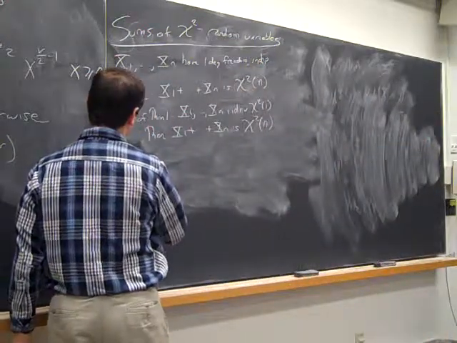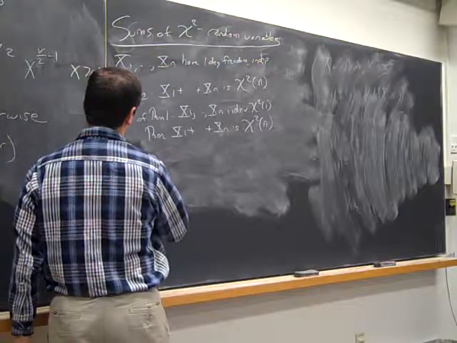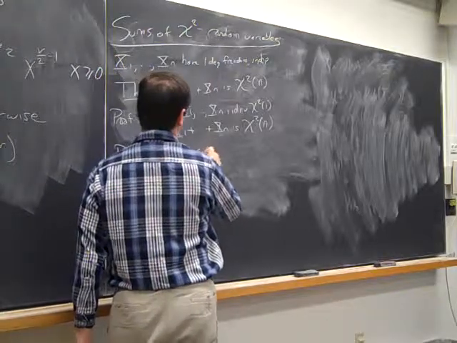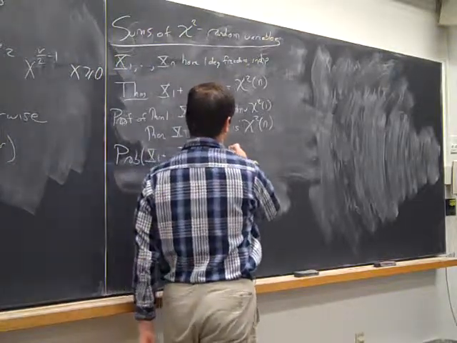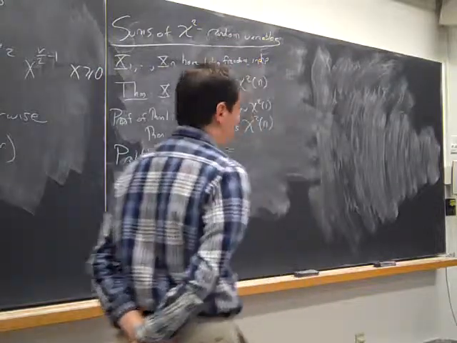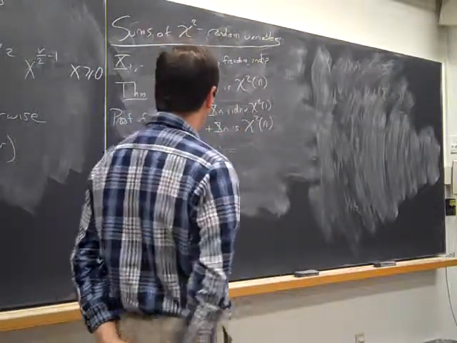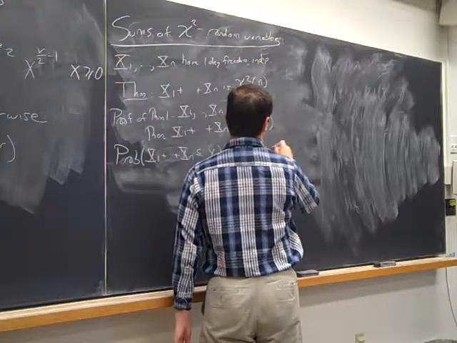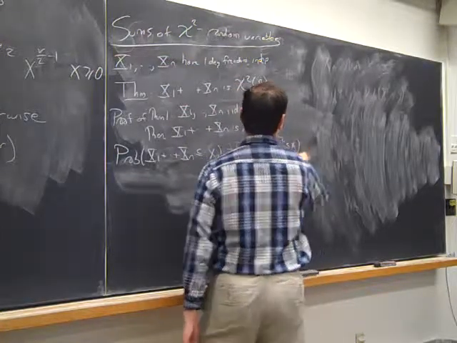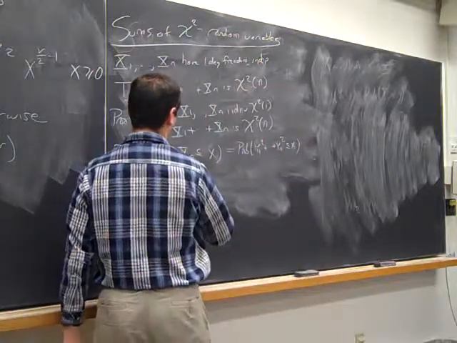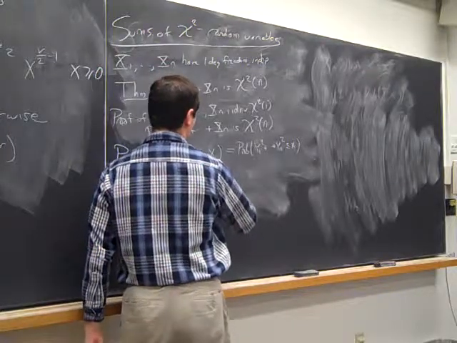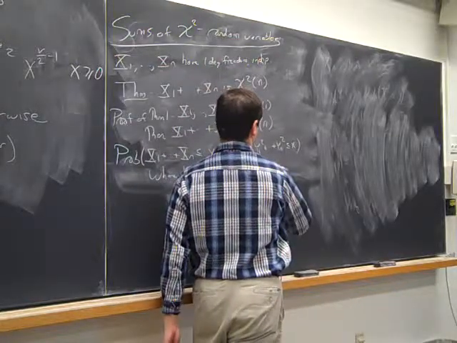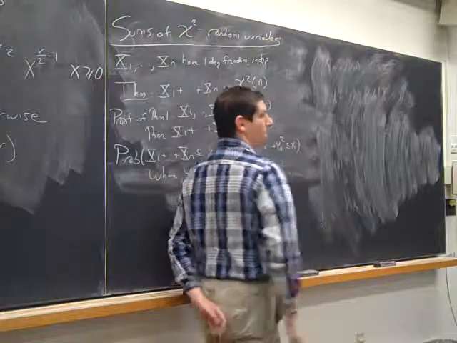The probability that x1 plus through xn is less than or equal to x is what? I claim this is the same as the probability that y1 squared plus through yn squared is less than or equal to x, where yi is normal 0, 1, and xi is yi squared.